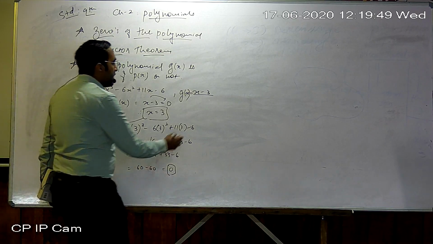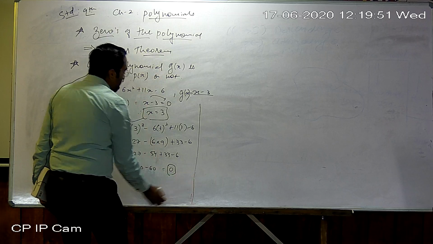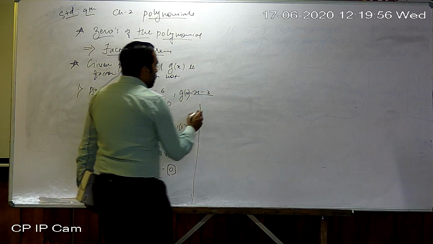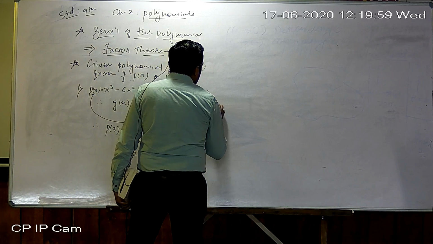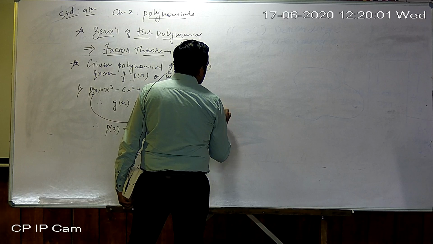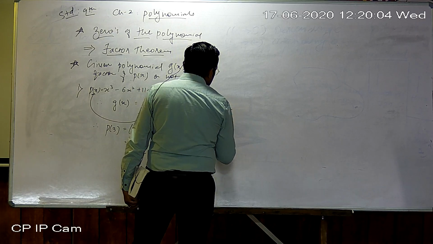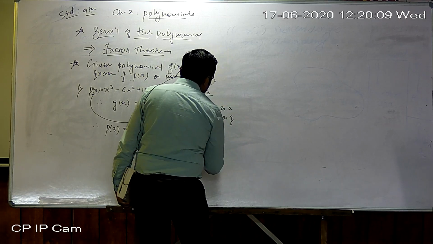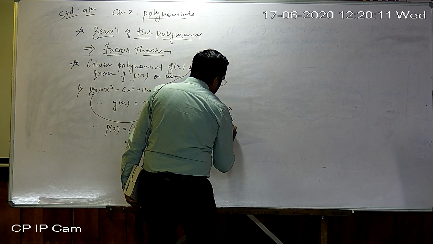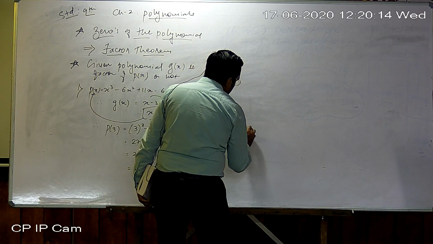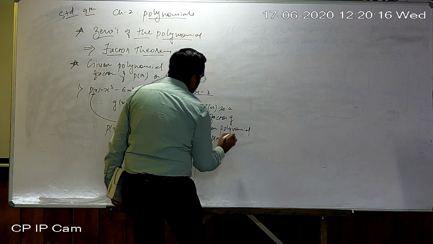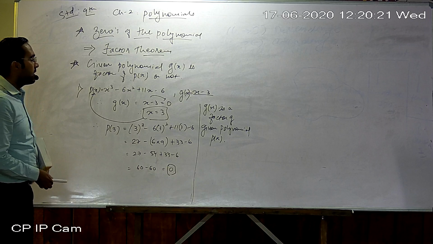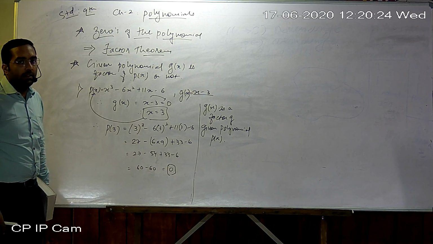My remainder is 0. Whenever your remainder comes 0, we say that g of x is a factor of the given polynomial p of x. Clear?